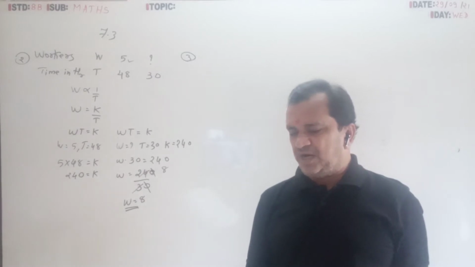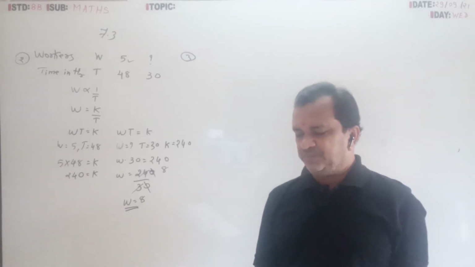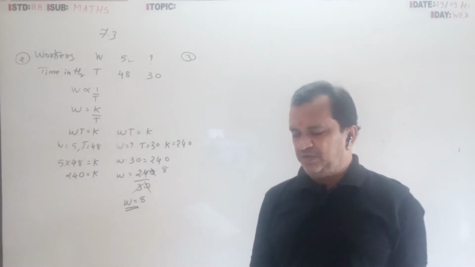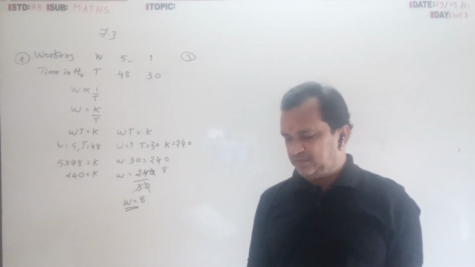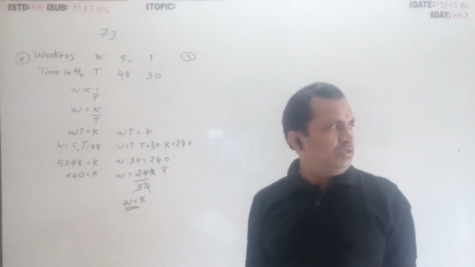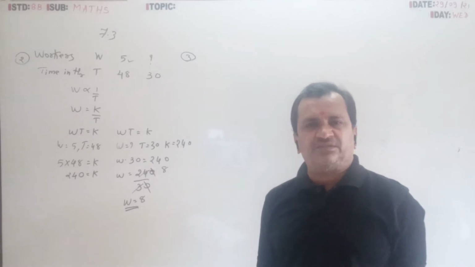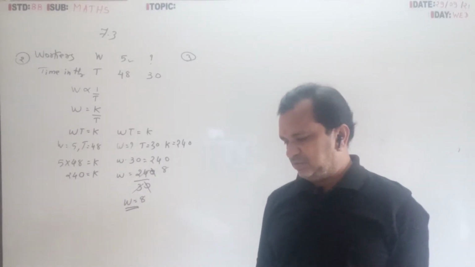120 bags of half liter milk can be filled by a machine in 3 minutes. The time to fill 1800 bags will be how much? So the number of bags and time required are directly proportional.